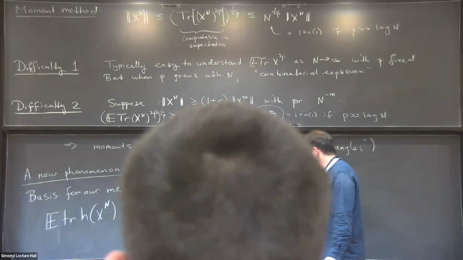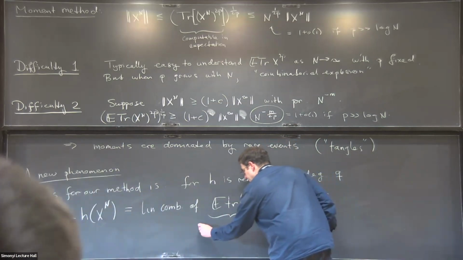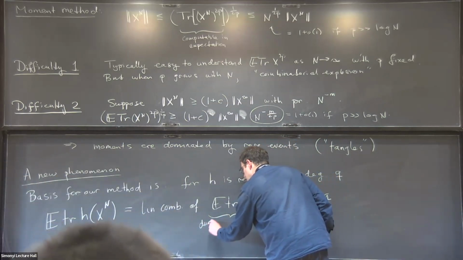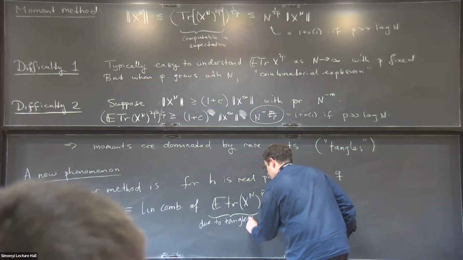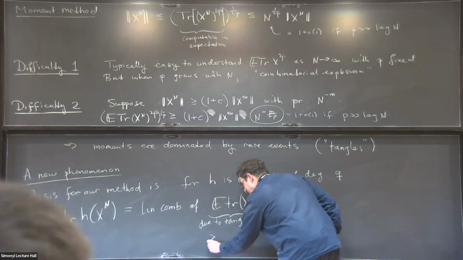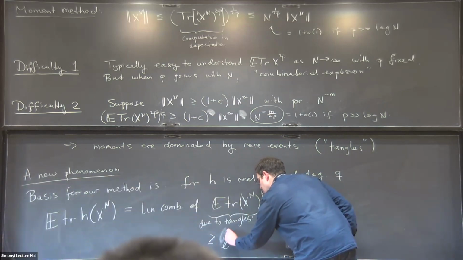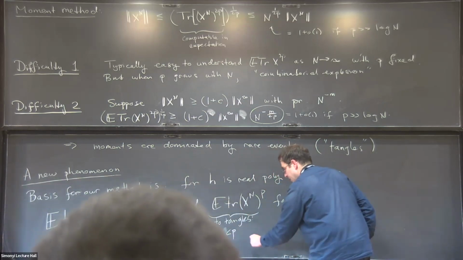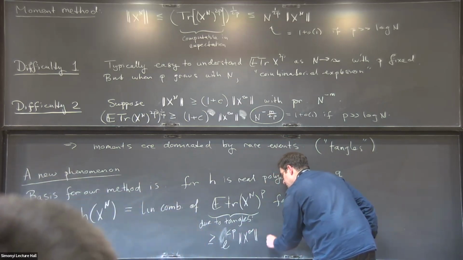Now we know that we're in trouble here, because we know, right, due to tangles, that these things are greater, let's say, than something exponential in the degree times the object that we care about.